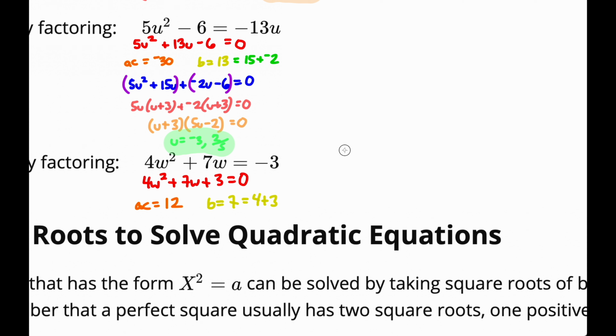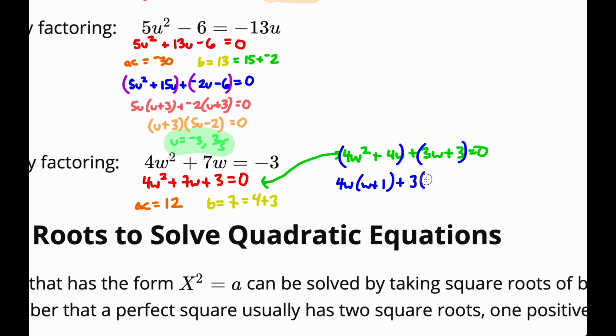And then what we're going to do is rewrite this by splitting that B term. So 4w squared plus 4w plus 3w plus 3 is equal to 0. If you notice, this matches the red equation right here. It's just the B term is split, and that allows us to do some factoring by grouping, and you end up with 4w times w plus 1 plus 3 times w plus 1 equals 0.